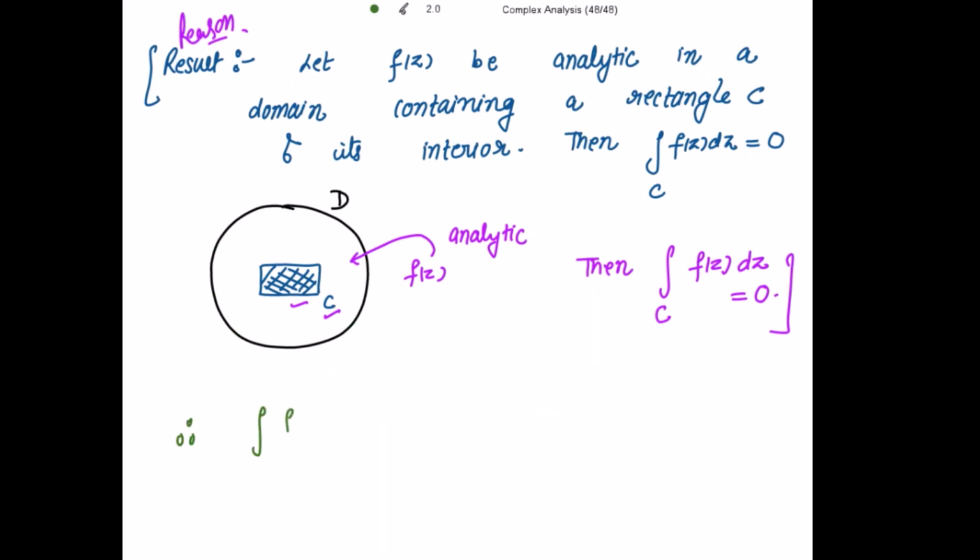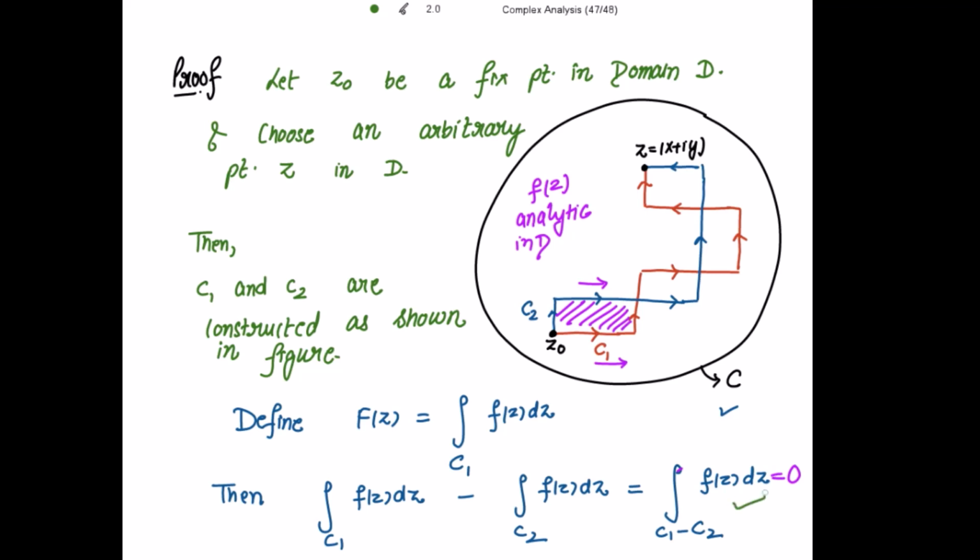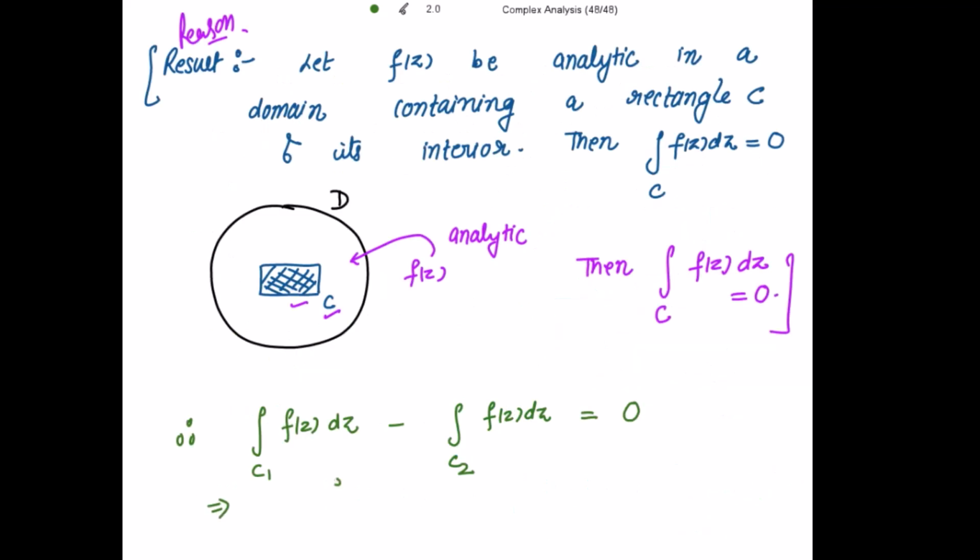So therefore, the integral of f(z) along C1 minus the integral of f(z) along C2 is equal to 0. Because this is 0, right? This implies the integral of f(z) dz along C1 is equal to the integral of f(z) dz along C2.